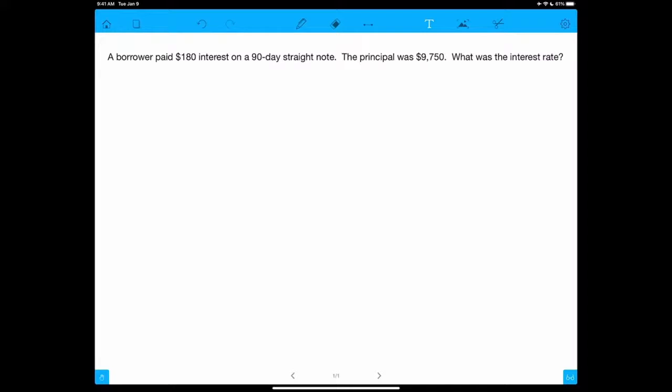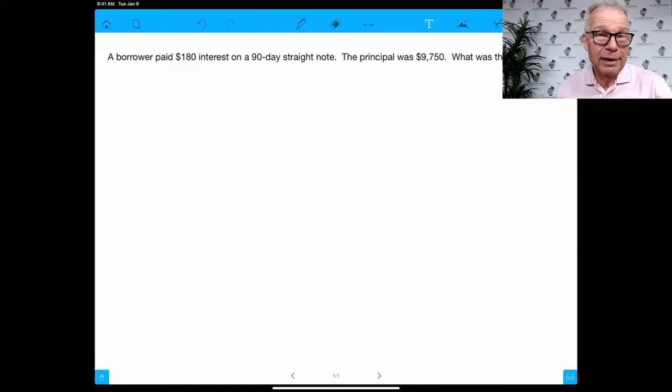Well, we've got to figure out what is the annual interest paid, and then we can plug that into our T problem, and we can solve for the annual interest rate, which is what they're asking.